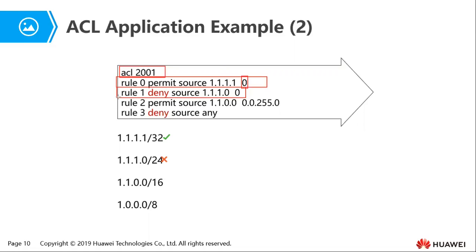Then rule 2, permit source. Here, you have to check these 2 zeros.